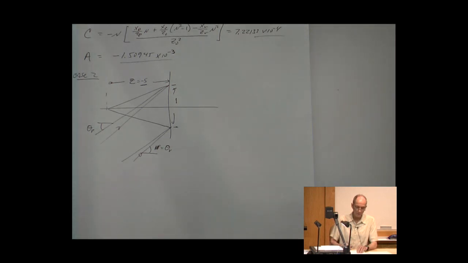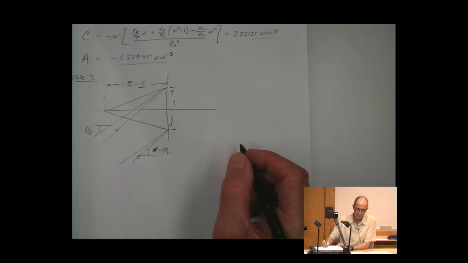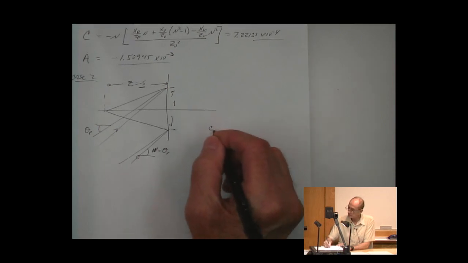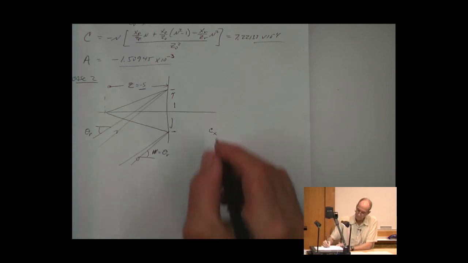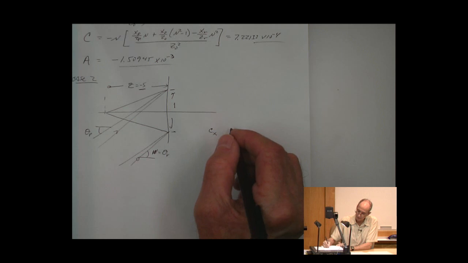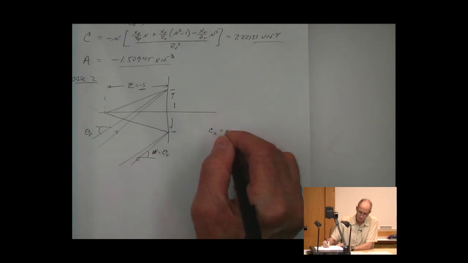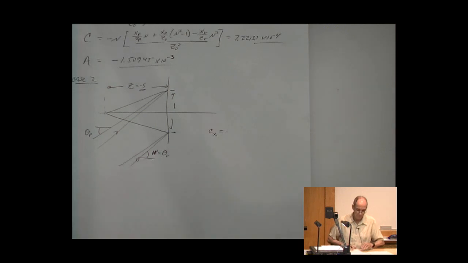All right, so now if we do the calculations for coma and astigmatism, I end up with the C sub x.